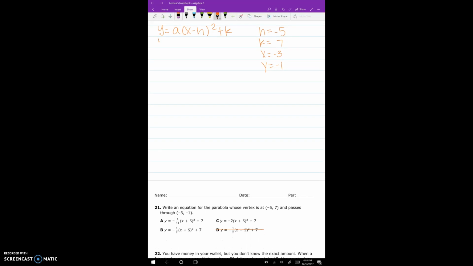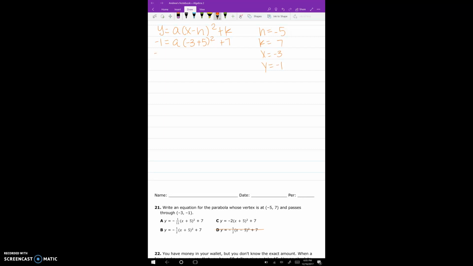Instead of Y equals, I'm going to plug in -1 equals A times, instead of X, I'm going to put -3 minus -5, so plus 5 squared here, and then plus 7. Always do what's inside the parentheses first.